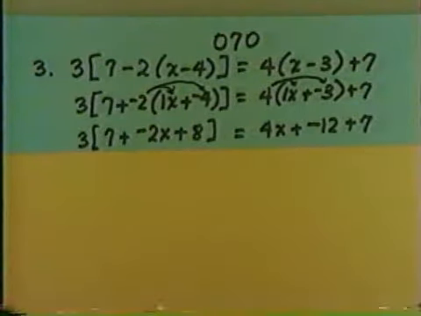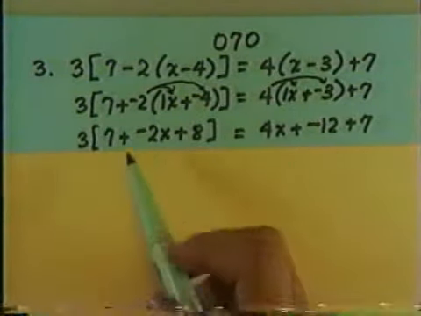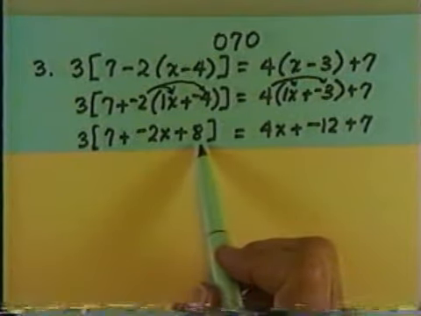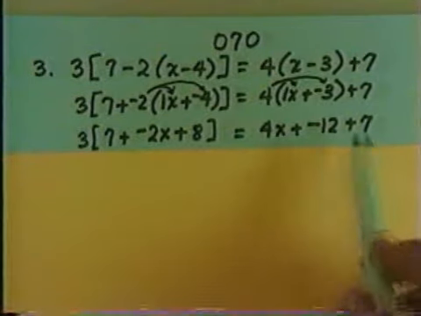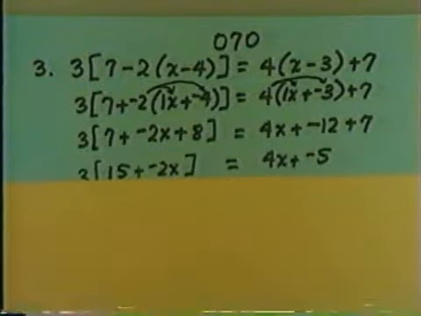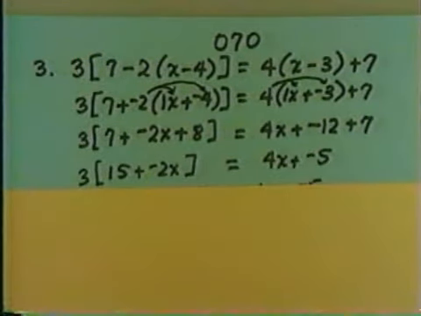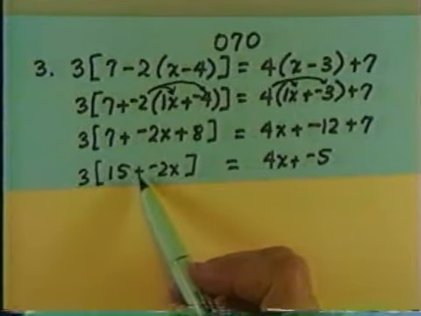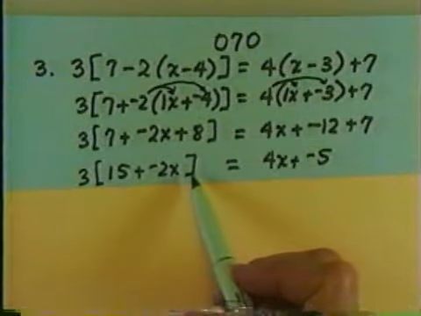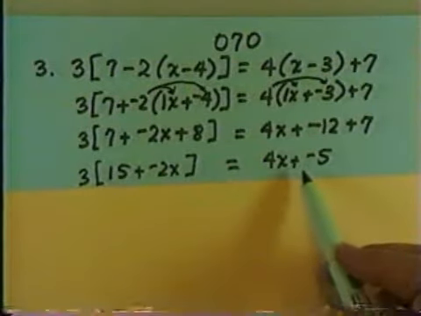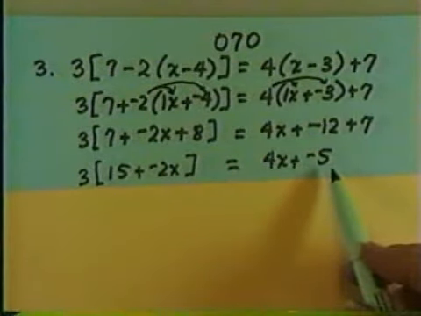We continue simplifying on each side. On the left-hand side, we have brackets. Within the brackets, we'll add 7 and 8 to get 15. On the right-hand side, we have like terms that can be added, negative 12 plus 7. So we get 3[15 add negative 2x], equals 4x add negative 5.